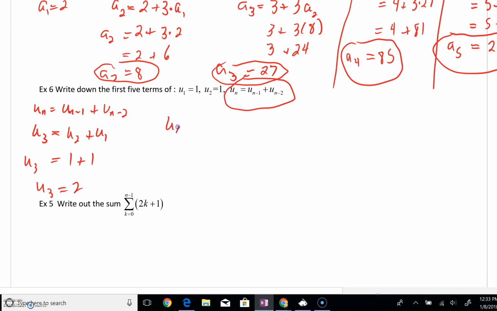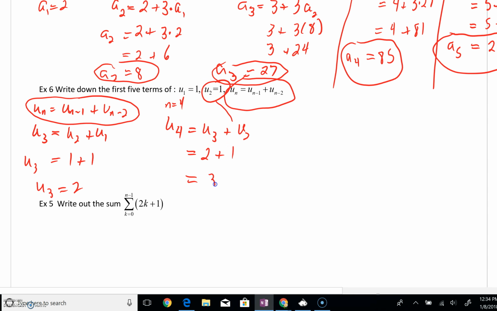If we wanted to find our fourth term using this pattern, if n is equal to 4, the term right before that would be the third term. And if we were to go back a term before that, that would be the second term. So to find the fourth term, we need to add the third and the second together. We just saw that the third term was a 2. The second term, they told us right here, is a 1. 2 plus 1 is actually a 3.